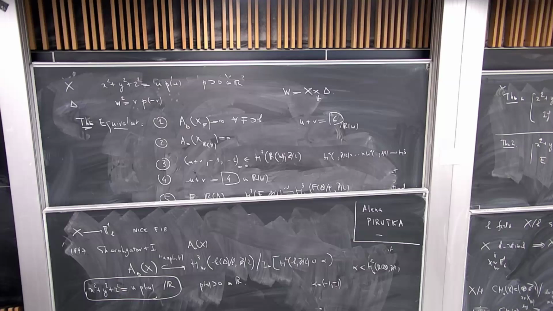This is in Z, this is in Z. And C is odd. And in that case, we managed to prove that A0 of X F is 0.